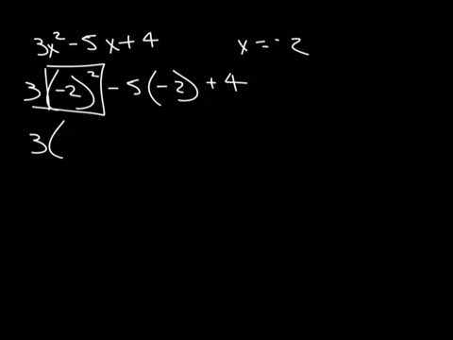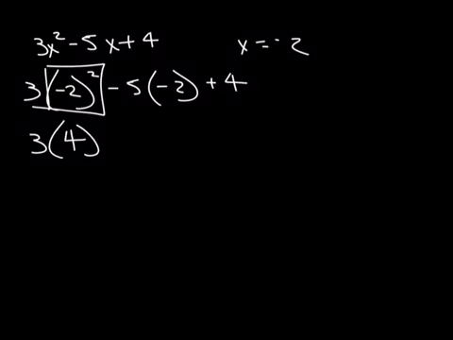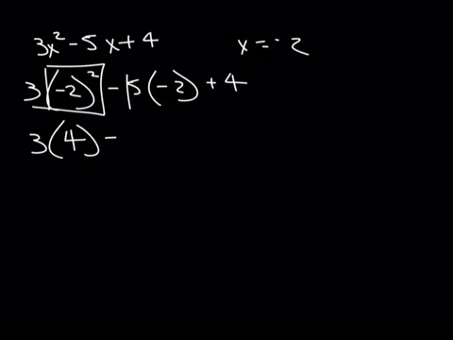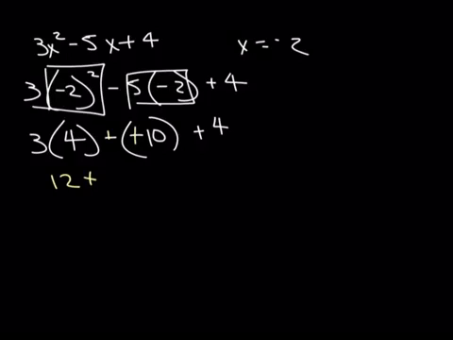So negative 2 times negative 2 is positive 4. Minus 5 times negative 2 is negative 10 plus 4. You could have said that negative 5 times negative 2 is positive 10, because here you've got two negatives there, so those are going to change. So now we have 12 plus 10 plus 4 equals 26. And we're done with example 2.